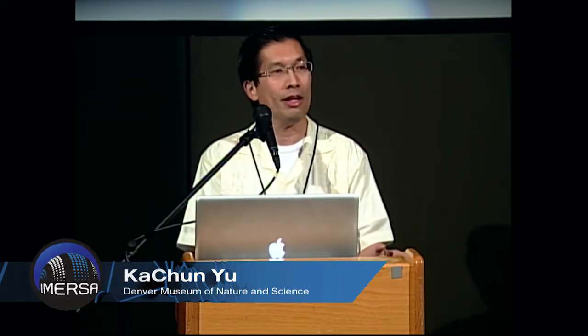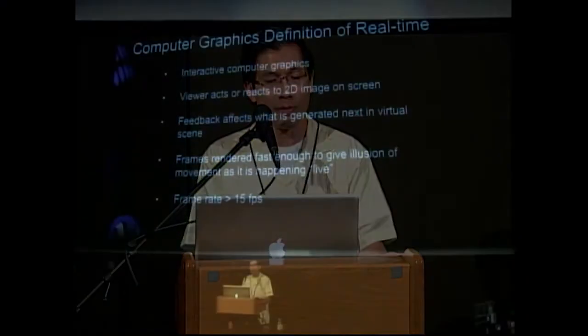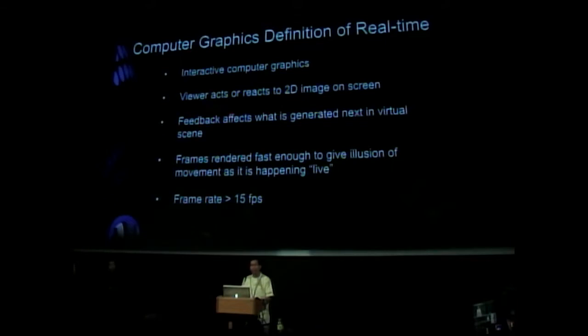But first of all, what do we mean by real-time? There actually is a computer graphics definition of real-time in the sense that you're dealing with interactive computer graphics, like in a video game, or if you're running a planetarium simulation software live in the dome, where the user or the viewer reacts to what is happening on the screen. In traditional computer graphics, it's a 2D image on the screen, but it gets more complicated in Fulldome.